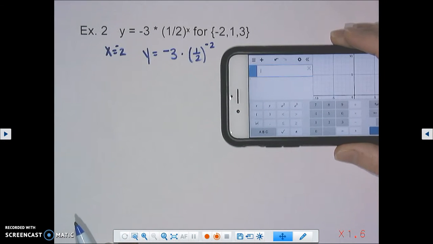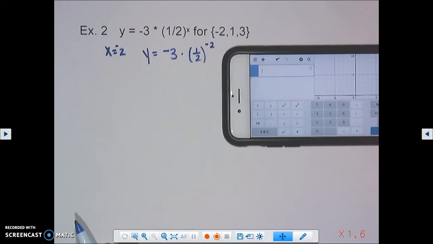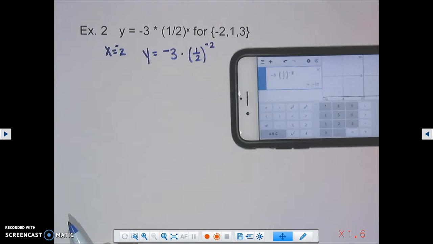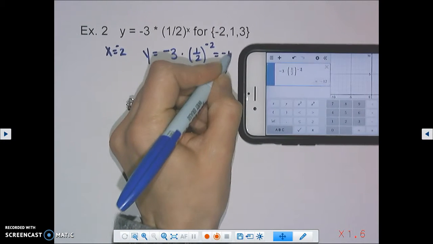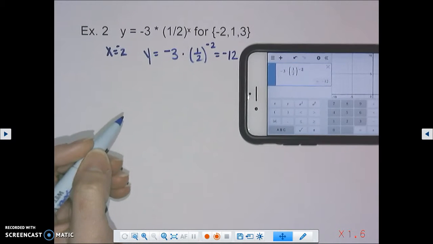Let's plug that in here. You technically don't have to put the 1/2 in parentheses. It would still read it the same. I just like to make sure that I'm keeping track of things. That's telling us that when we evaluate this at -2, we're getting an answer of -12.